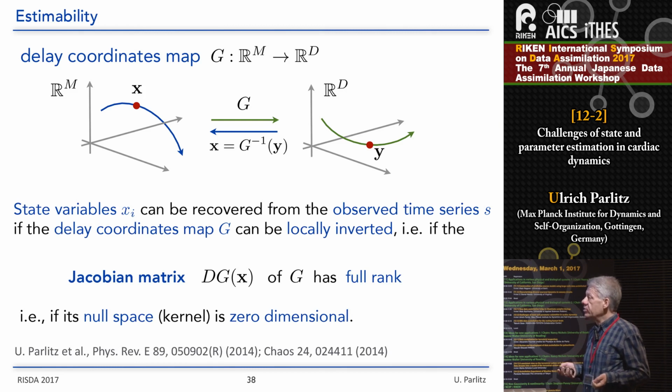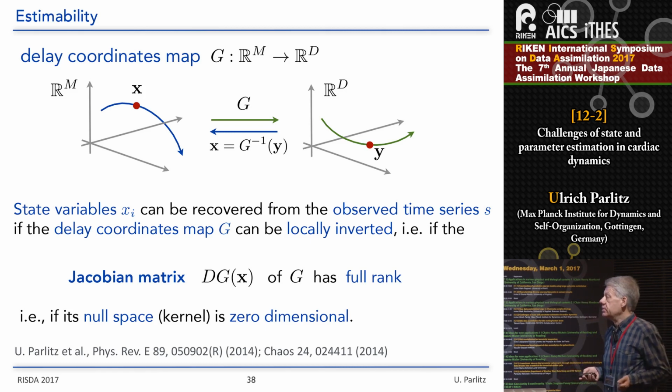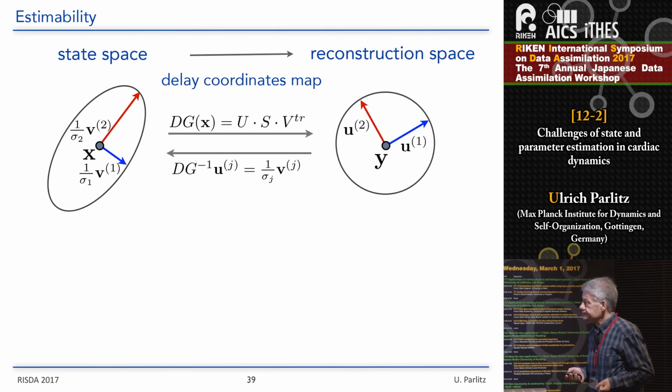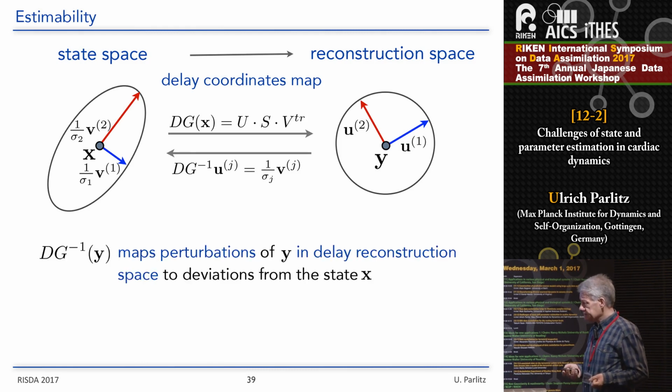And it is locally invertible at some point y if the Jacobian matrix has full rank, or in other words, if its null space or kernel is zero-dimensional. And this is another illustration. This is our state space. This is a reconstruction space. And we have the linearized map. If we want to study small perturbations, we can use a singular value decomposition to express the pseudo-inverse and study its features.